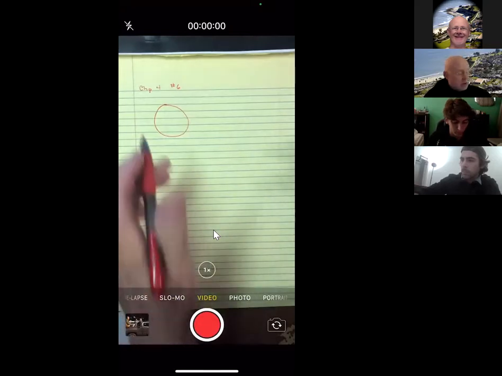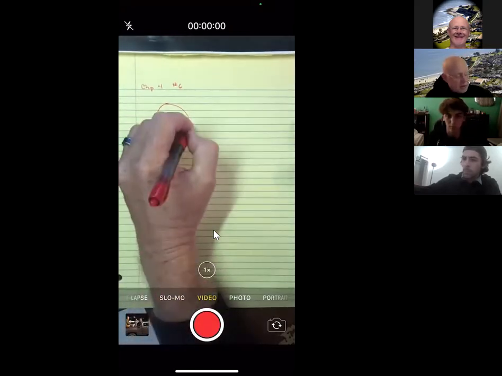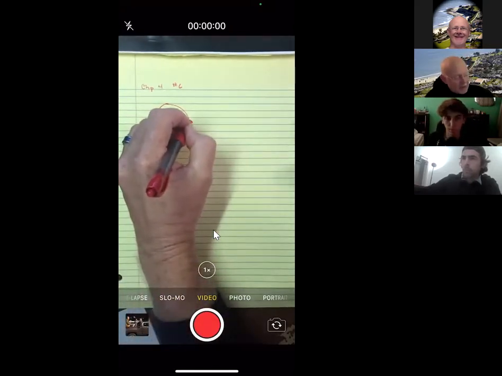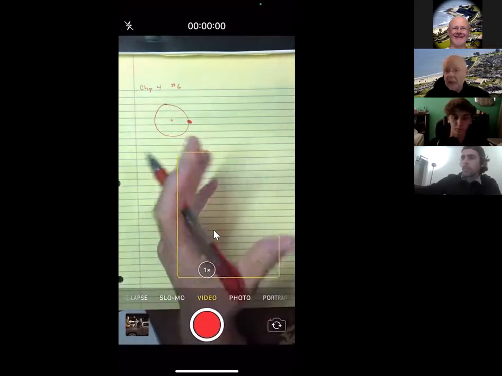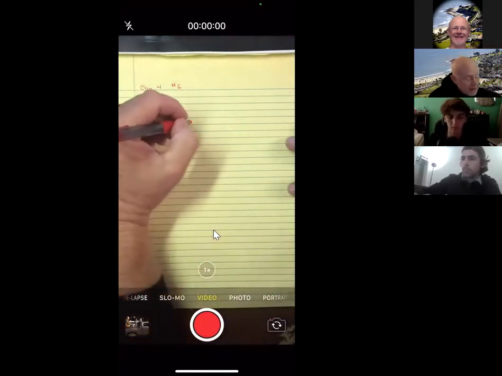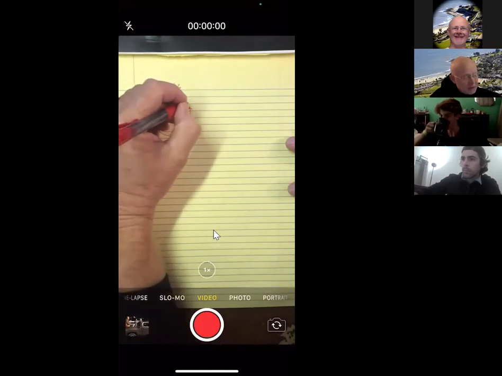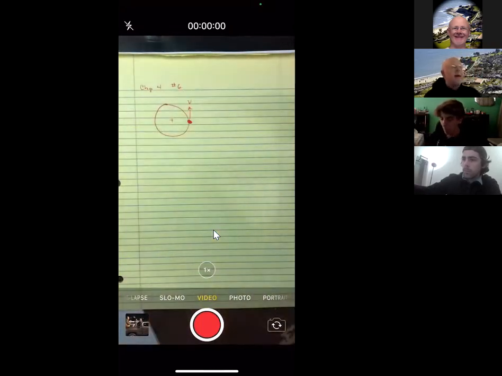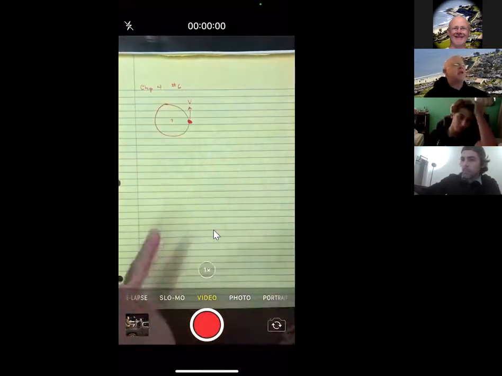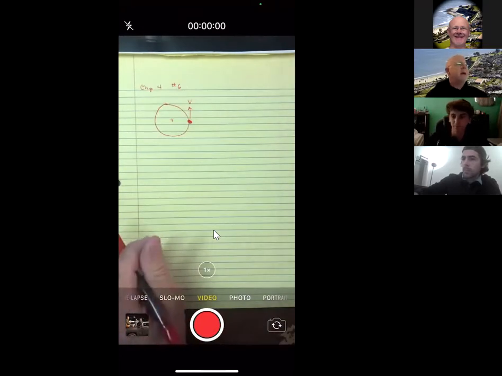I'm going to draw a circle, with the center of the circle, and the object going in a circle, in this case a carousel, heading off in this direction. So A, the direction of the velocity: the velocity is tangential to the circle.